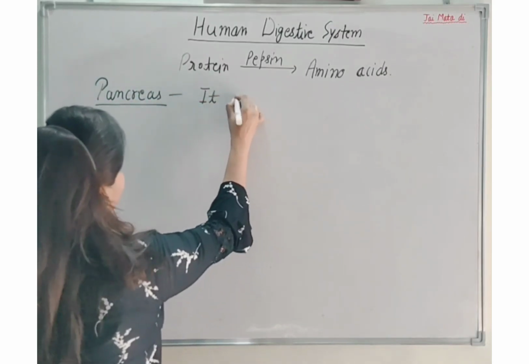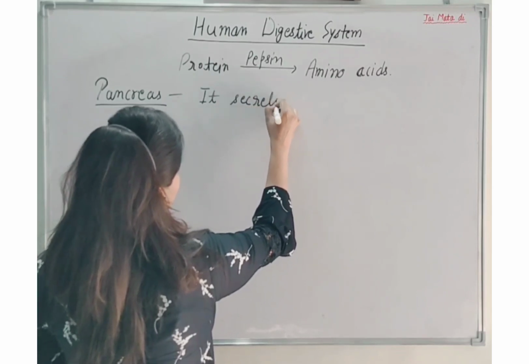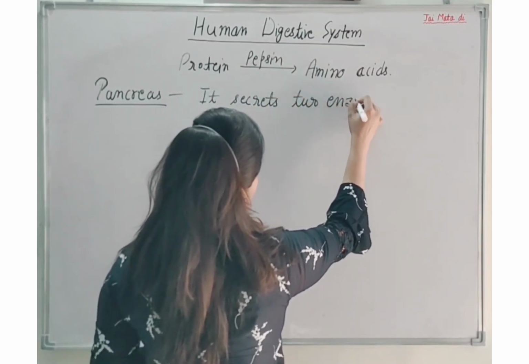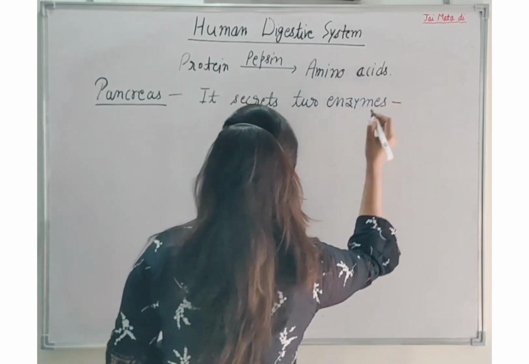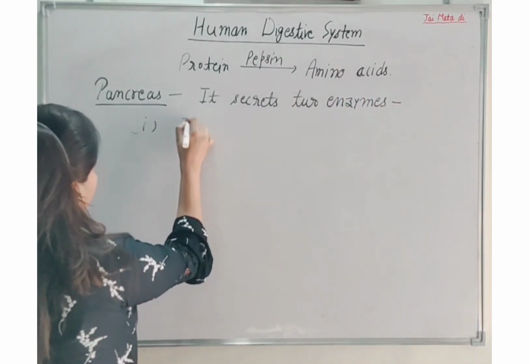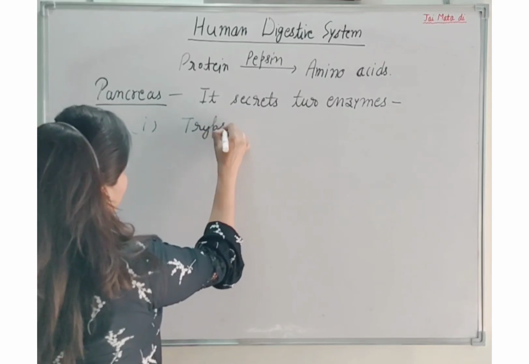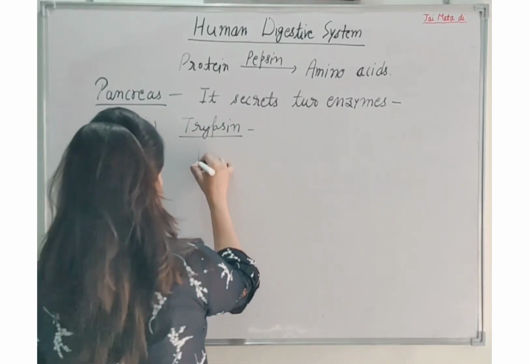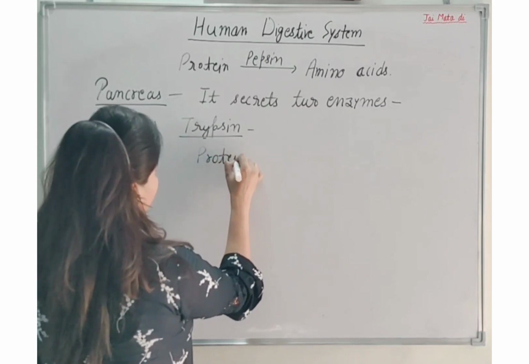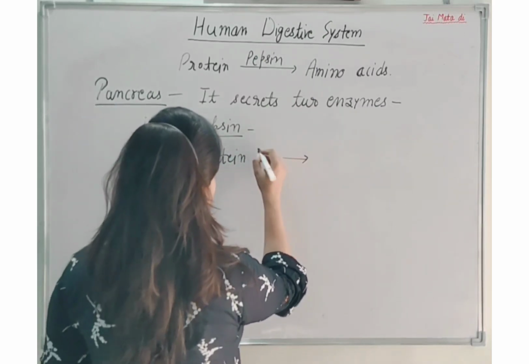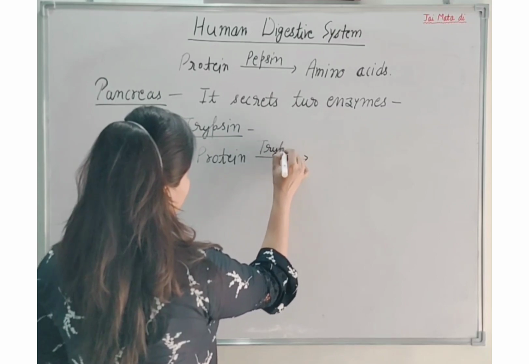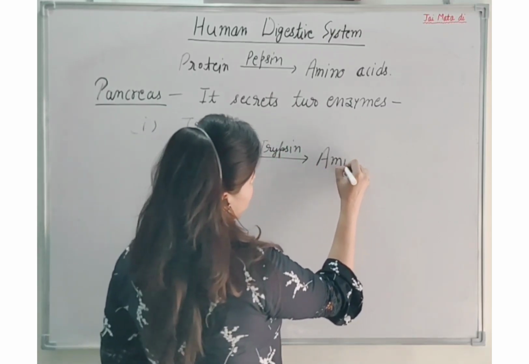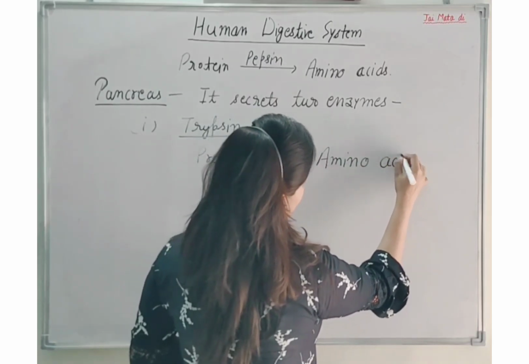It secretes two enzymes, first trypsin. The function of trypsin is to convert protein into amino acid. Trypsin will convert protein into amino acid.